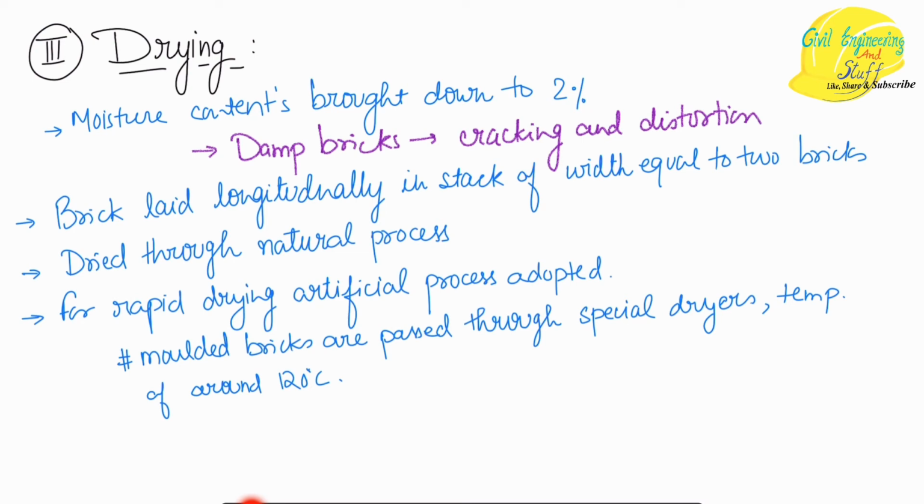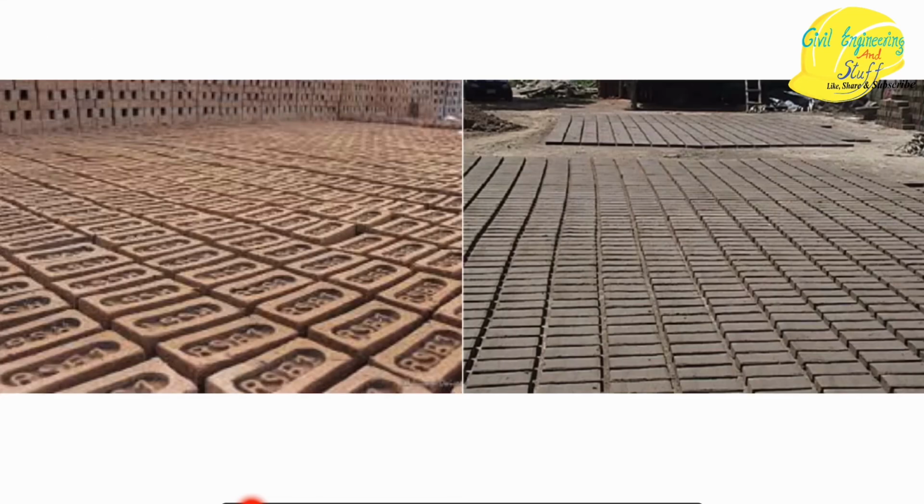In such a case, when we are going for the artificial drying technique, we have special dryers that have a temperature of around 120 degrees Celsius, and brick molds are passed through these dryers, and it is ensured that even drying throughout the surface takes place, right? Because uneven drying will again lead to cracking and distortion of the brick molds.